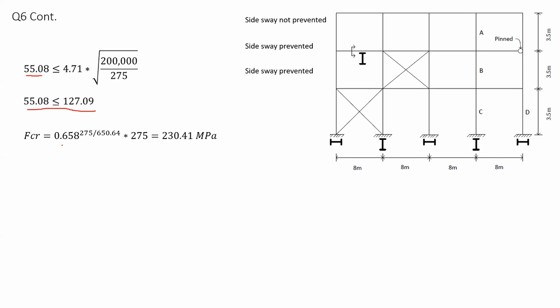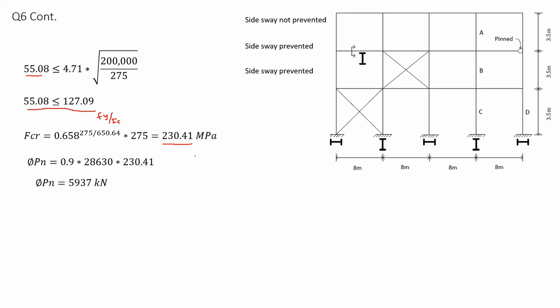Now from here, I choose this equation: Fcr is equal to 0.658 to the power of Fy divided by Fe, multiplied by Fy. If you calculate this, it appears that Fcr is equal to 230.41 megapascal.